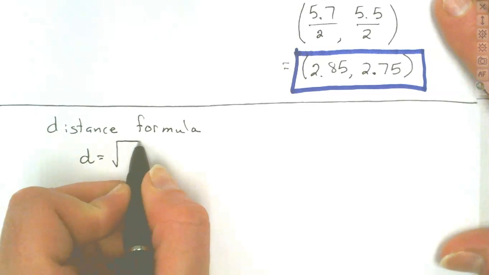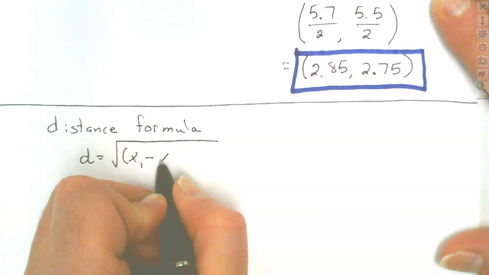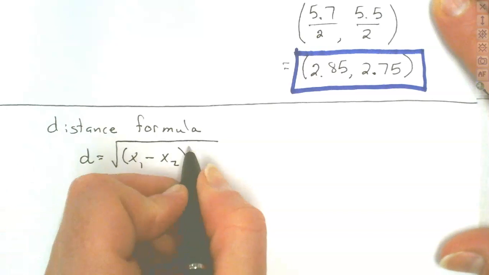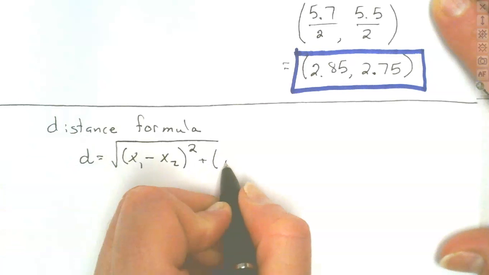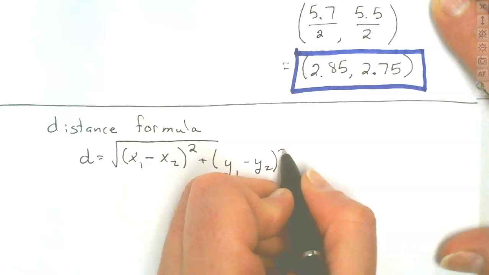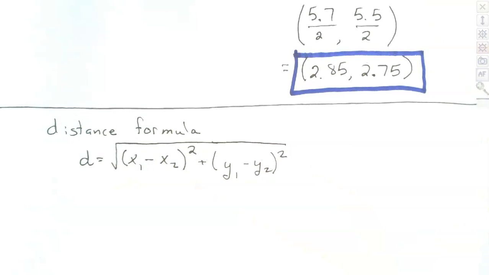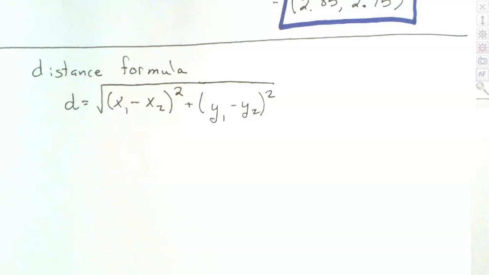And that's the square root of x1 minus x2 squared plus y1 minus y2 squared. This comes from the Pythagorean theorem. So it was actually derived from the Pythagorean theorem off of a right triangle.